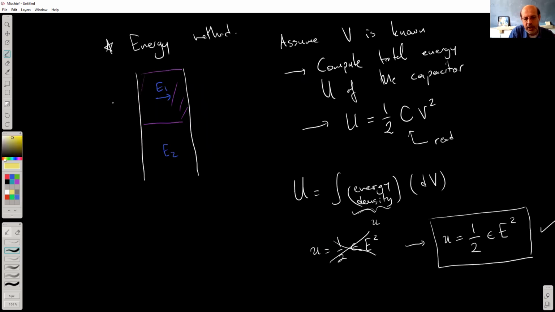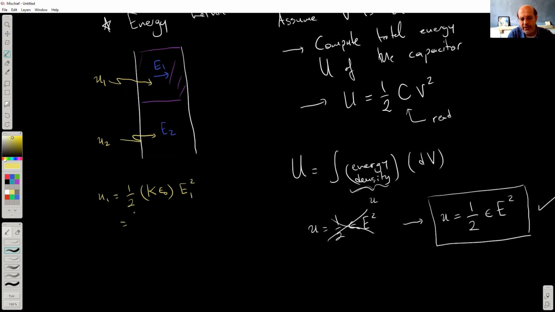So let me use a yellow color for that. The energy density on that part, let me call this U1. The energy density on that part, let me call this U2. So I know that U1 is 1/2 of permittivity, which is K times epsilon 0, times E1 squared. I know what E1 is, so this is K times epsilon 0 times potential difference squared divided by the separation squared.